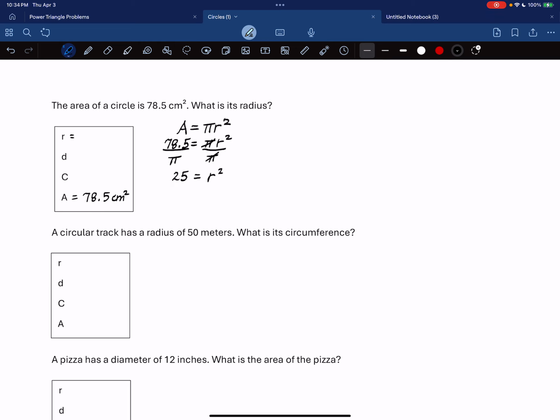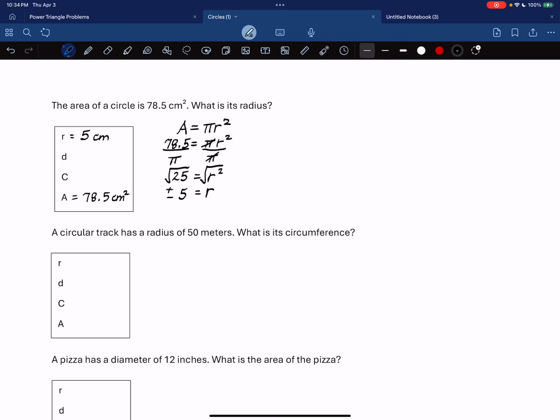But that is r squared. I need to take the square root of both sides. So r is plus or minus 5. And in this case, it would have to be the positive value of 5. So radius is 5 centimeters.